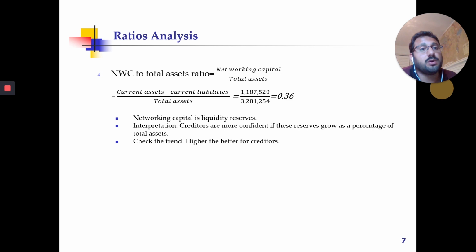You will be confident with this number being high, if you are the creditor, that the company will be able to pay its obligations which will be coming due in 1 year. And after paying that, the company will still have enough reserve as a percentage of total assets. So you want this number to be high.